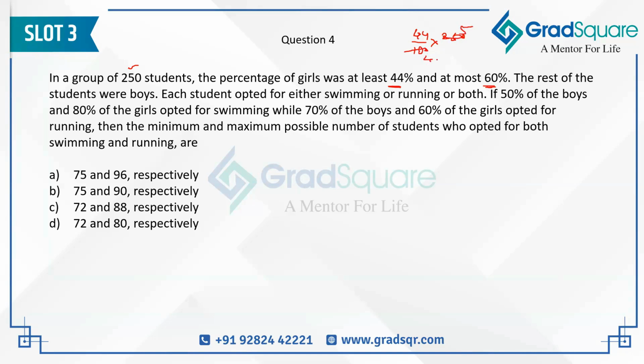That turns out to be 110 odd girls at the minimum, and then you have about 60 percent as your maximum limit of the number of girls. So 60 percent of 250 is what you are looking at.